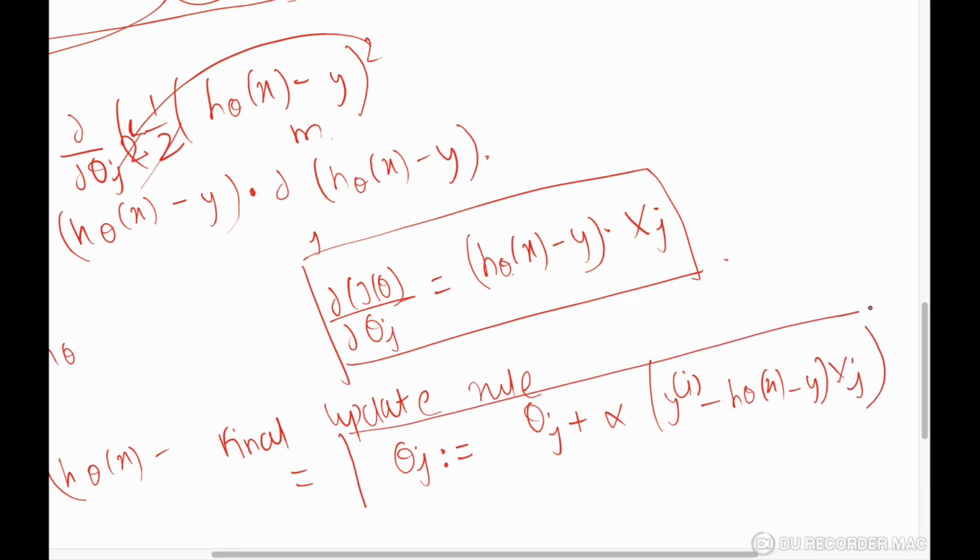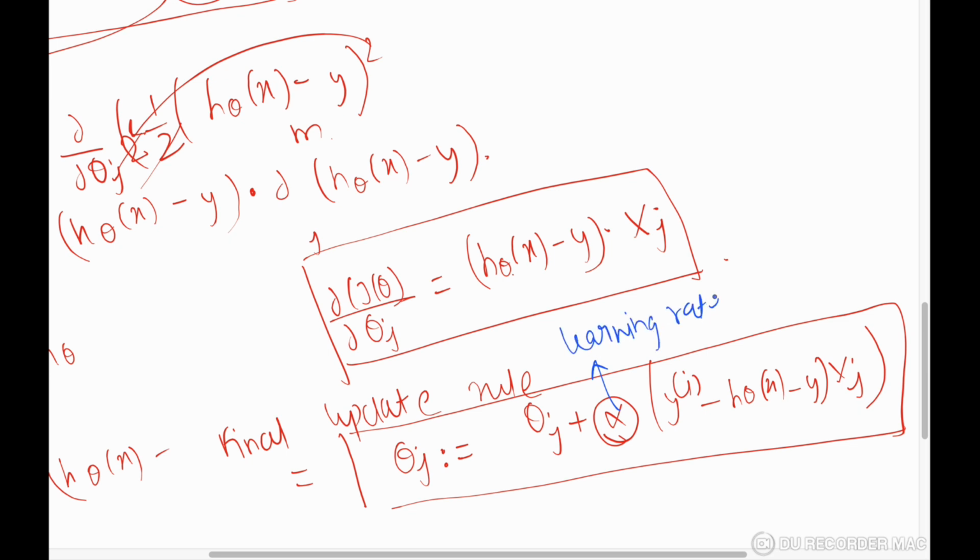So this is our update rule, and this alpha, I didn't discuss it earlier. This is the learning rate. We usually take this to be around 0.01 or 0.001 depending upon our problem. So yeah, this is the final update rule.